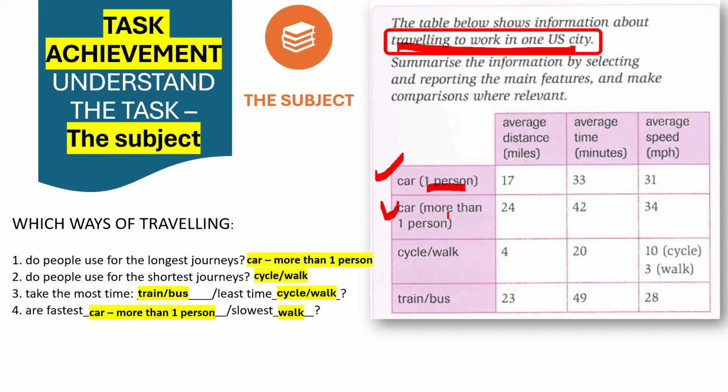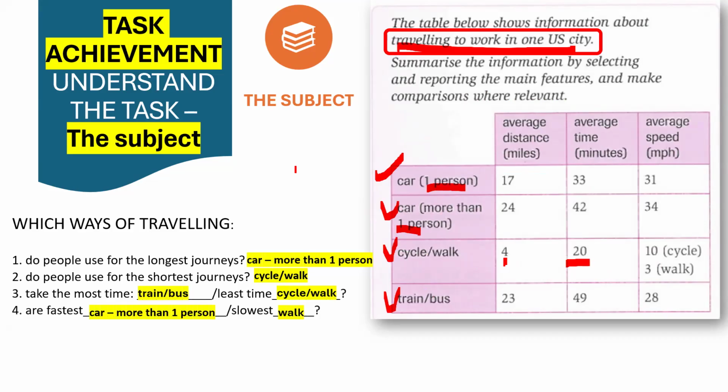Also by car, but more than one person in one car. Some of them, because as you can see, only a few figures here. Some of them go to work on foot or cycling, while others go to work by train or by bus, okay? So that's how the people in one city in the US travel to work. Okay, so that is a subject there.